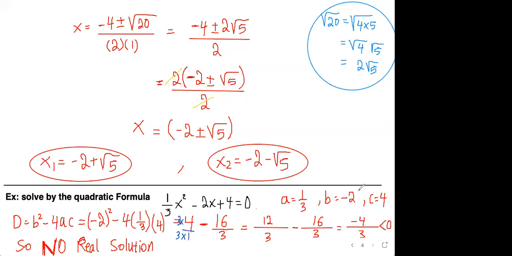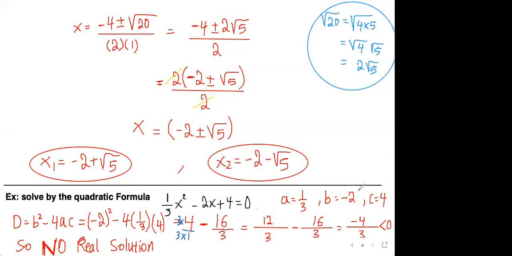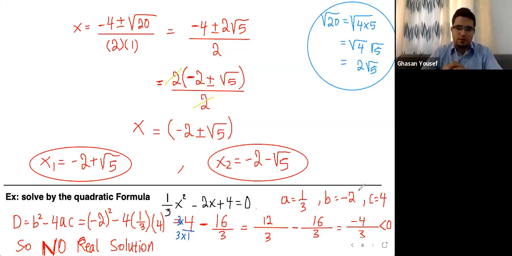We have another way for non-real solutions, with complex numbers, but the book talks about real numbers. So we're going to stop. We cannot move on. You have to say no real solution. Then we stop.